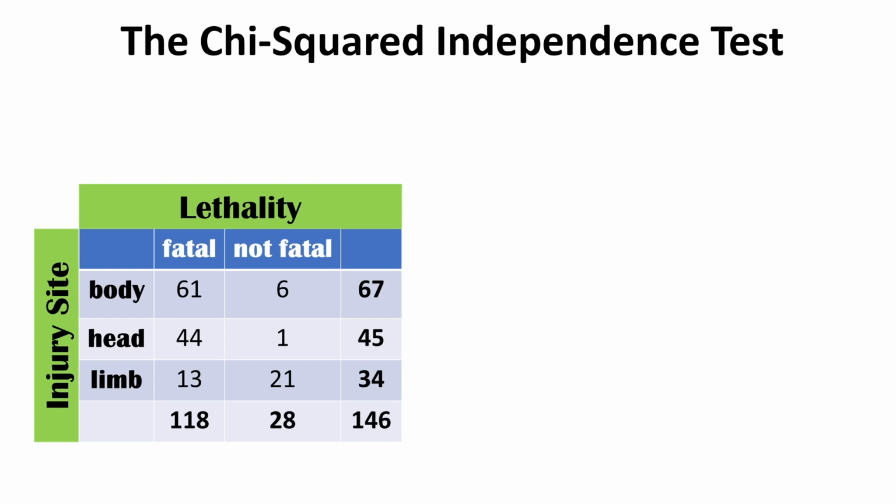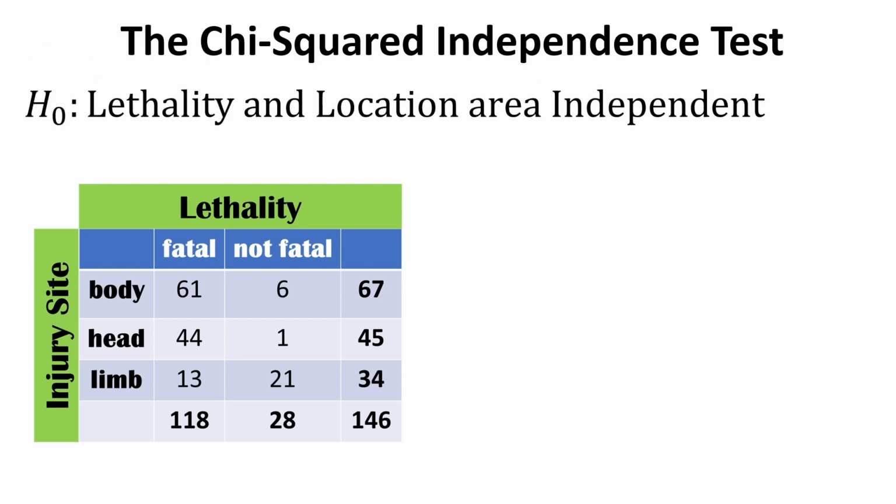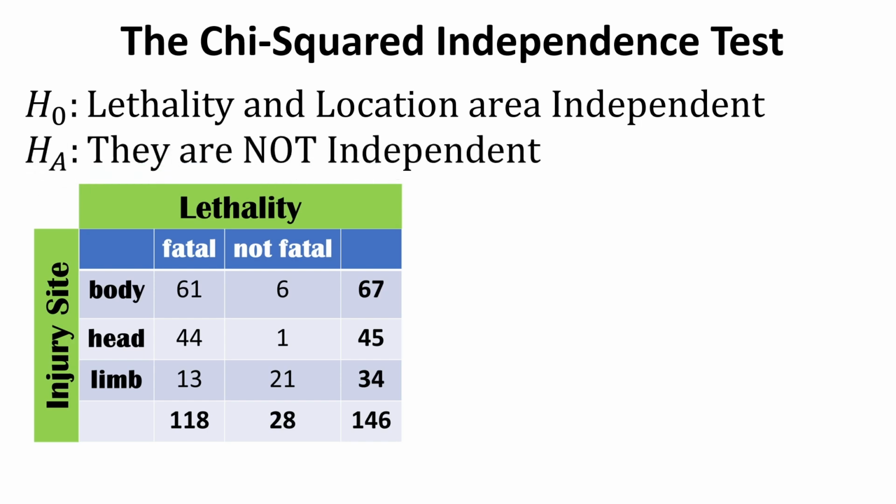And how do you know? We have 2 categorical variables, and the independence test is the only test where there are 2 categorical variables. And furthermore, we're drawing a sample from a single population. The null hypothesis is that lethality and location are independent of each other. The alternative is that they are not independent, or in other words, they are dependent.